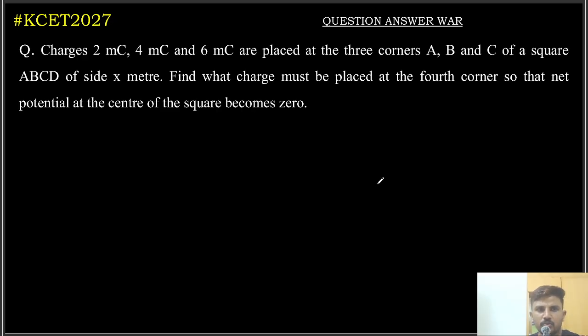Charges 2 millicoulomb, 4 millicoulomb and 6 millicoulomb are placed at three corners A, B, C of a square of side x meter. Find what charge must be placed at the fourth corner so that the net potential at the center will be 0.